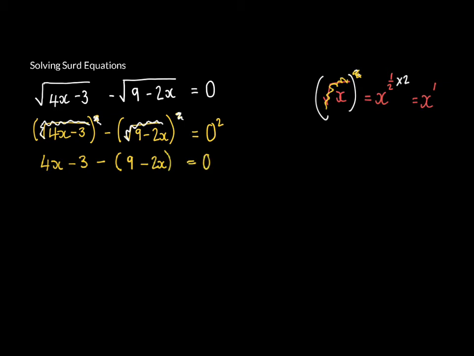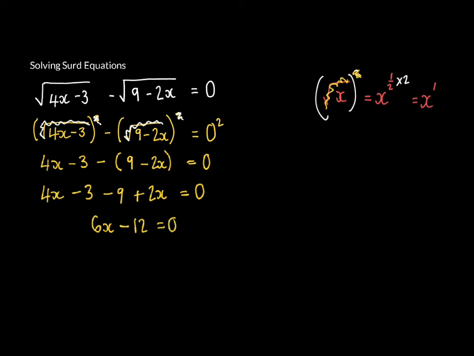So now we can clean it up. 4x minus 3 minus 9, and negative multiplied by negative gives plus 2x, is equal to 0. Then I add like terms, 4x plus 2x, that's going to give me 6x. Negative 3 minus 9 is minus 12, equal to 0.